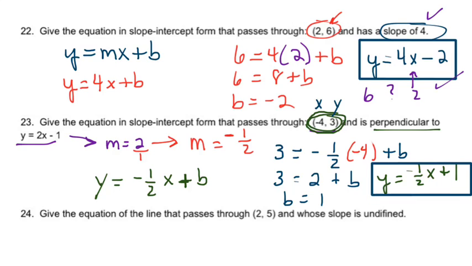Now again, we can check this. Slope is the negative reciprocal of 2. It's -1 over 2. And I can plug in -4 into this equation. Half of -4, or negative half of -4 is a 2, and 2 plus 1 is 3. So it checks.